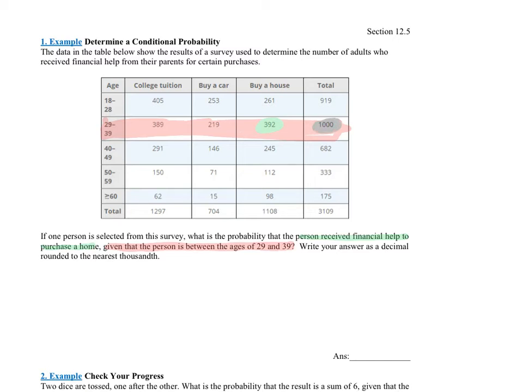The total is the total of those who we are considering, which is the 1,000. So it looks to me like we have the probability of what we want. So the probability of them buying a home, given that they're 29 to 39, would be equal to, well, think about what you want. Those buying a house was 392, and the total now is 1,000.